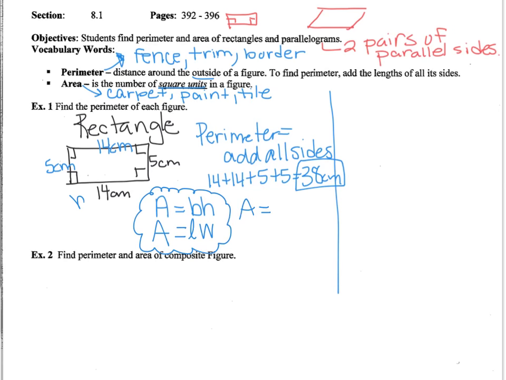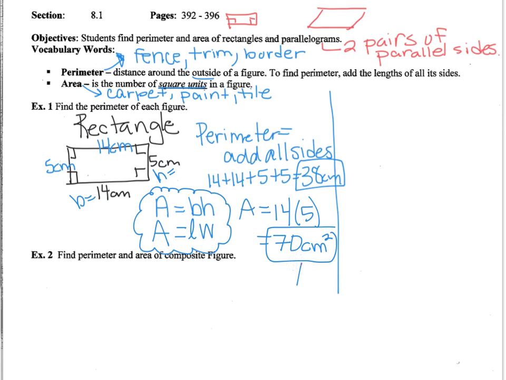So if the base is 14 and the height is 5, those are the only two numbers that we need, and instead of adding them together like we did with perimeter, we're multiplying them together. So 5 times 14 is 70, and it's centimeters squared.